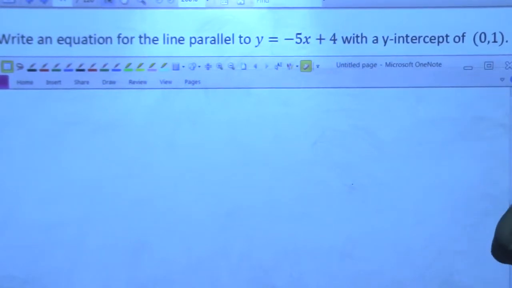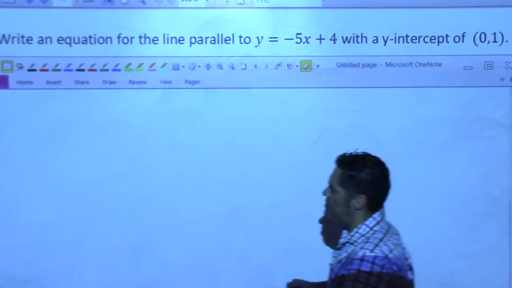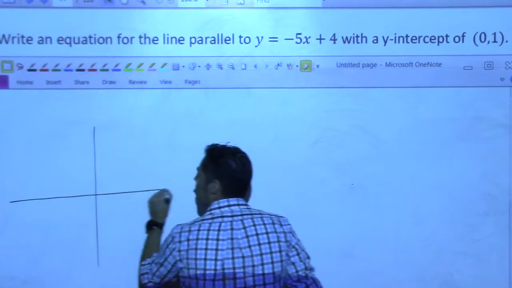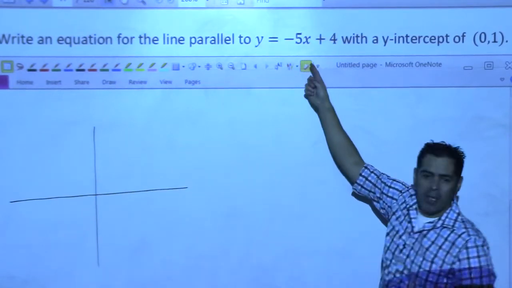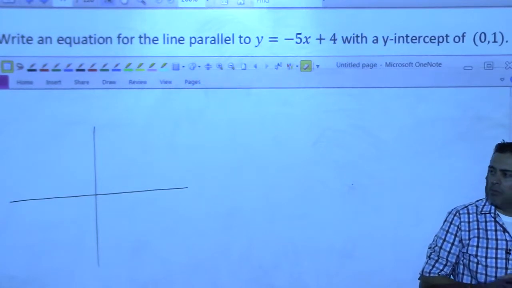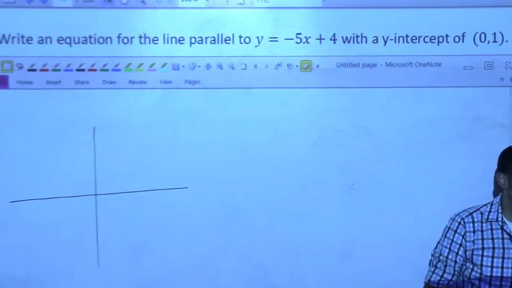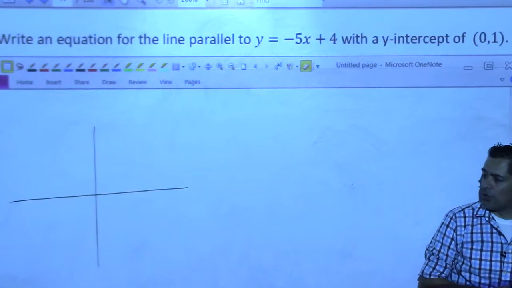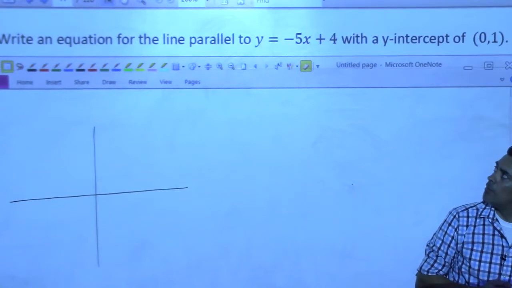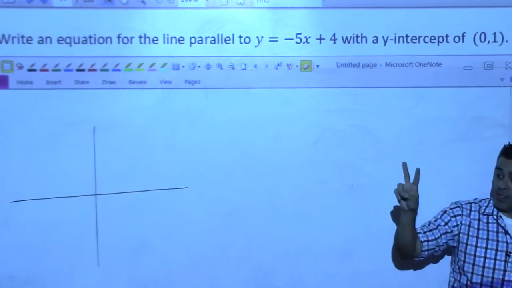So I want to show this to you visually again, just so you can understand what we're doing. They give us this line. If I asked you to graph that line right now, could you? How could you graph that line right there? Where would you start your graph? Okay, so there are two ways to graph lines, right?